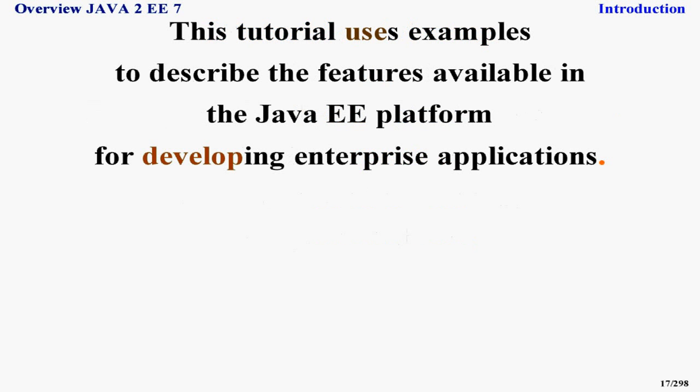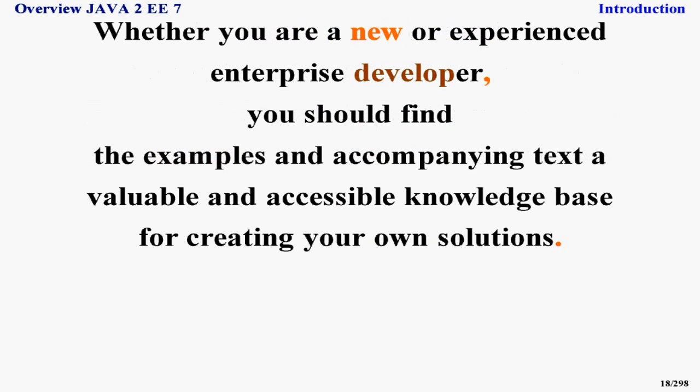This tutorial uses examples to describe the features available in the Java EE platform for developing enterprise applications. Whether you are a new or experienced enterprise developer, you should find the examples and accompanying text a valuable and accessible knowledge base for creating your own solutions.